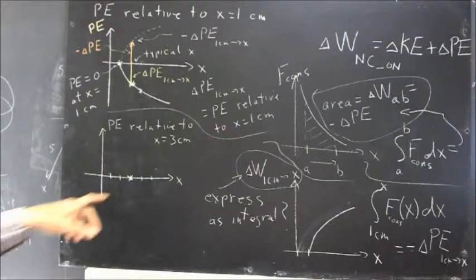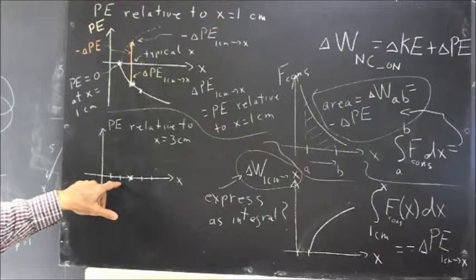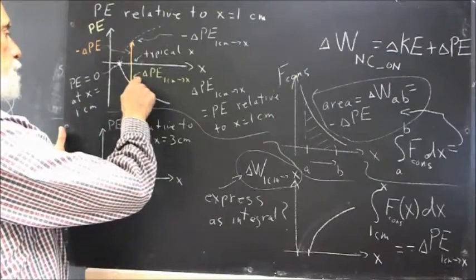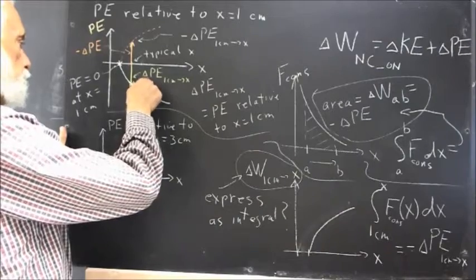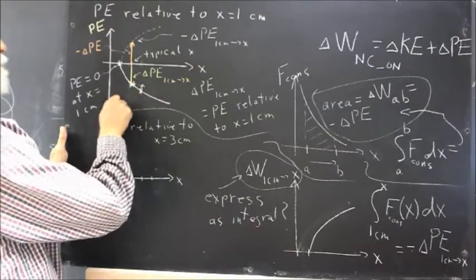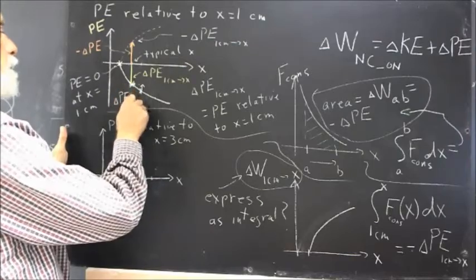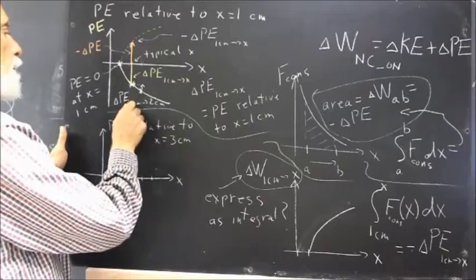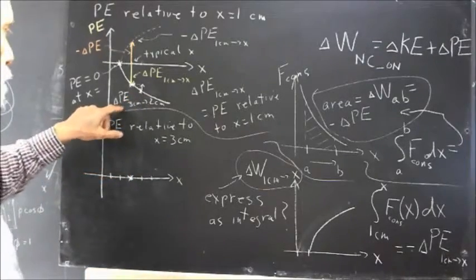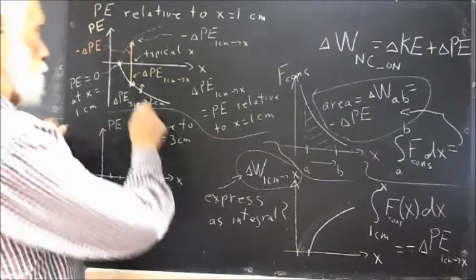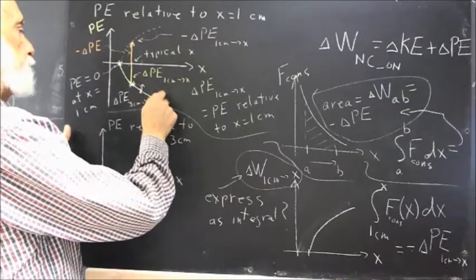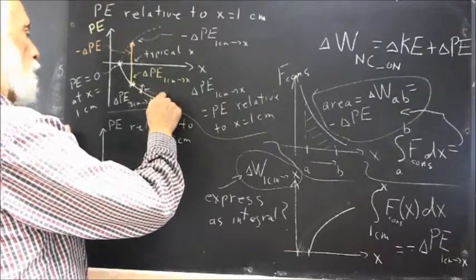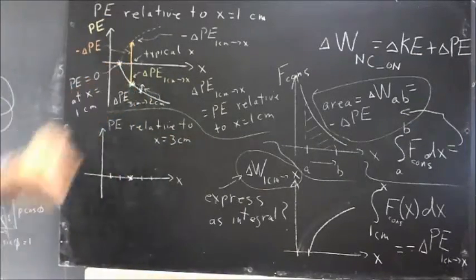What's the change in potential energy from the 3 centimeter position to the 2 centimeter position? Well, we can see that that change, hopefully you can read that, delta PE from 3 centimeters to 2 centimeters would be represented by this arrow here.